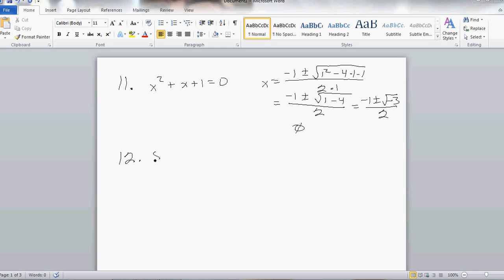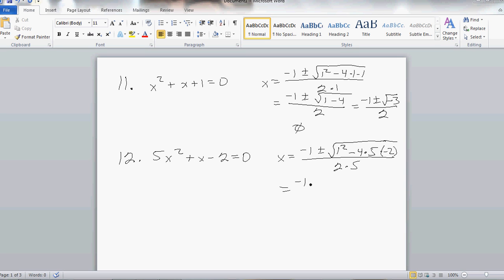Number 12 is 5x squared plus x minus 2 equals 0. So x would equal negative b plus or minus the square root of b squared minus 4 times a times c all over 2a, or 2 times 5.